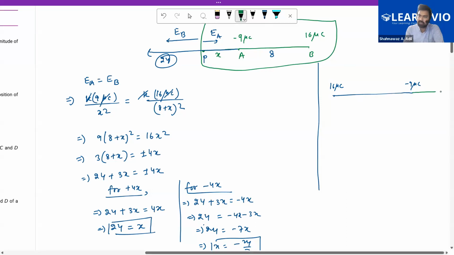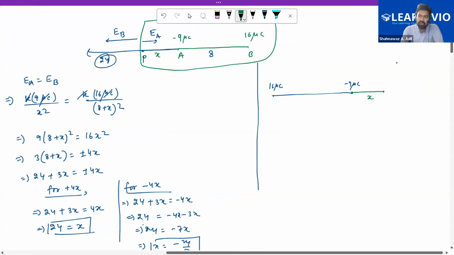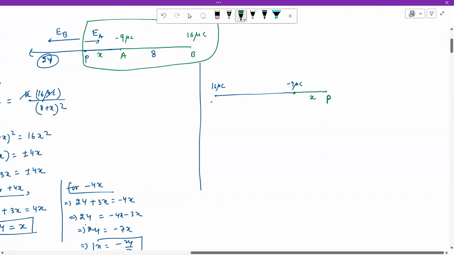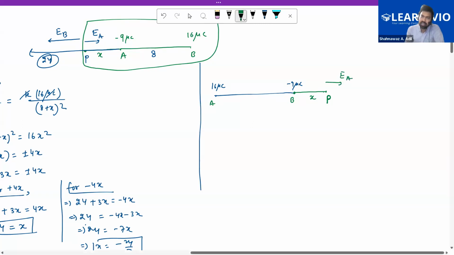You put X equals to here, and then you calculate the direction from the right hand side. So at this point, again, you have this A and this B. This would be EA, and this would be EB.